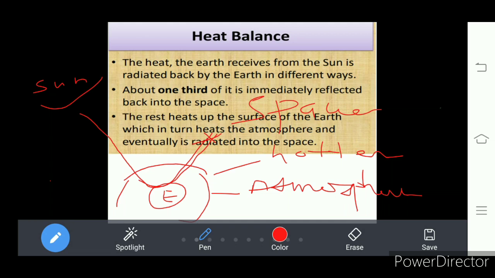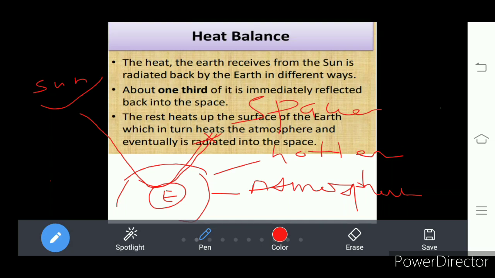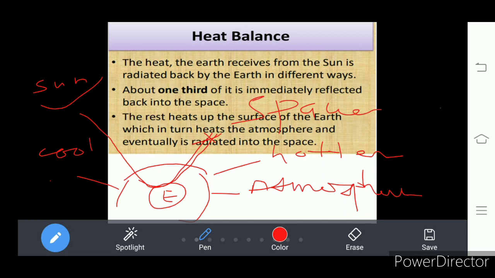That is the first thing. The second thing is that if earth radiates the entire heat it received, that means if the total heat is radiated into space, then earth becomes what? Cool. Understand? And everything will be at minus degrees centigrade on the earth, so that it is also not suitable.